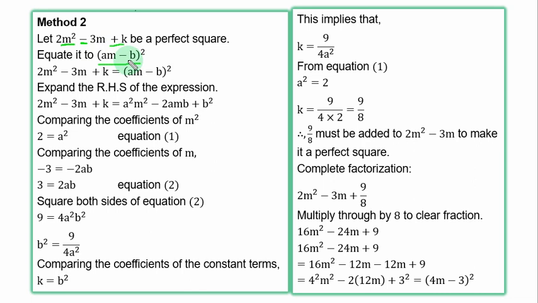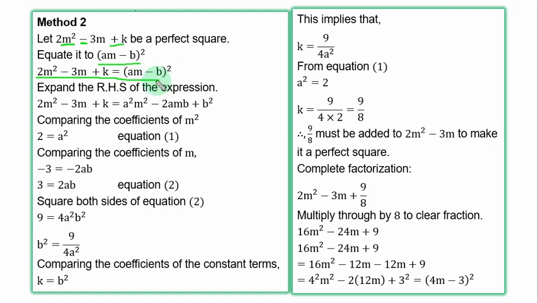After that, we equate the first expression to the second one, that is 2m squared minus 3m plus k equal to, bracket open, am minus b all squared.